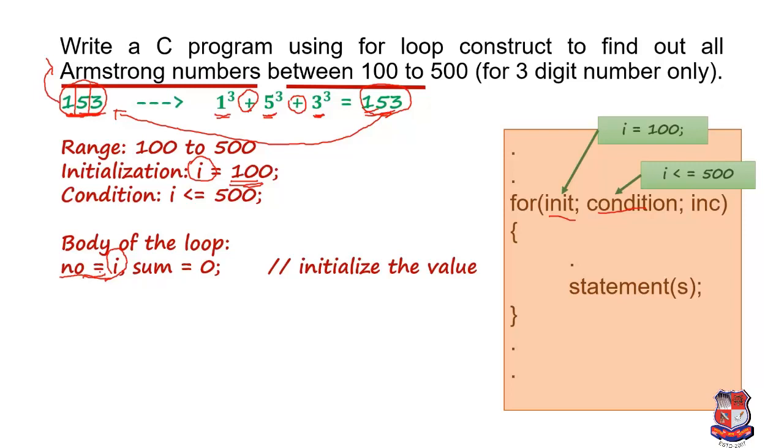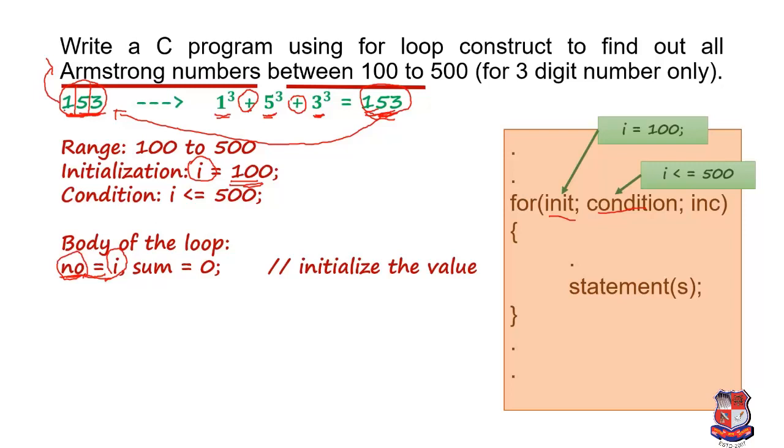Second thing is that we also have to compare the result with the original number. That's why I also have to keep the value of i safe, and I'm giving the value of i to the variable number. Now I am doing the process of Armstrong number on this number.